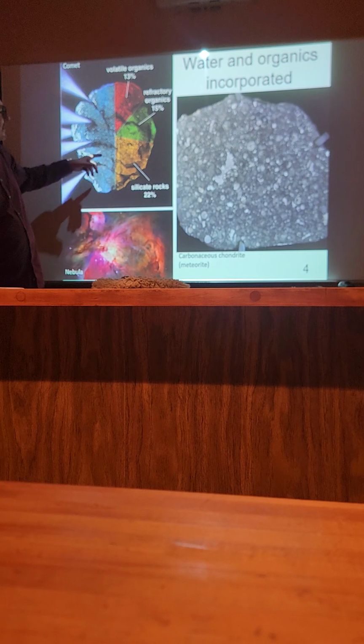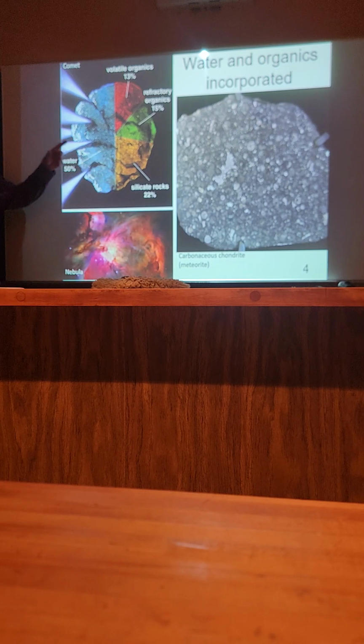So the thing about this debris from the nebula, again, most of it ended up in the sun. A lot of it ended up in planets. Some more of it ended up in the asteroid belt, in comets, and in meteorites. All those things were formed in that 4.5 billion year ago period when the Earth was beginning to form from this collapsing nebula.